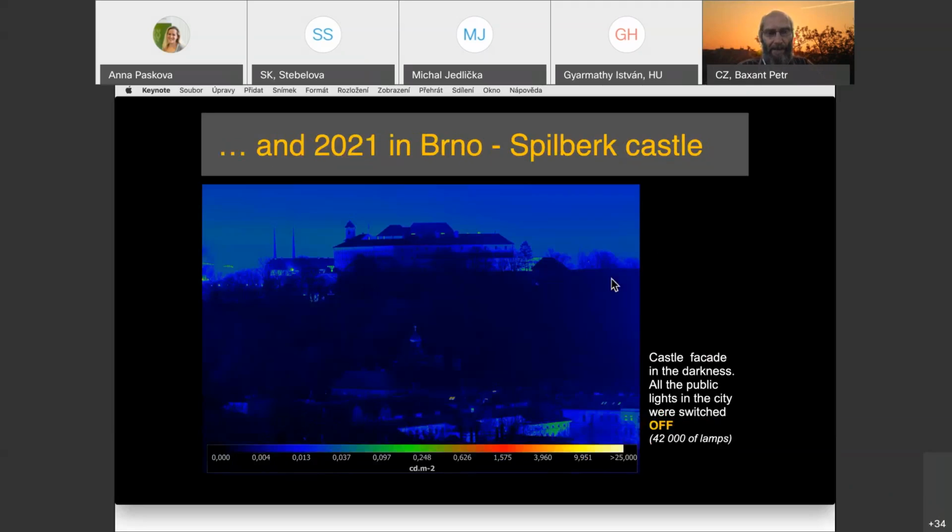These utilities helped us to realize the public lighting switch-off, and we can measure how the public light affects the luminances of the sky and the surroundings, with observation from a concrete point in Brno.